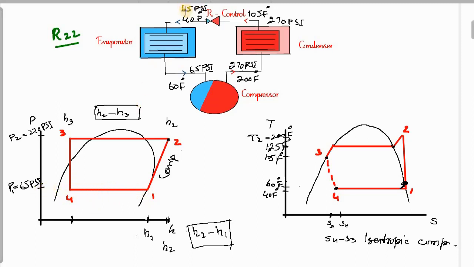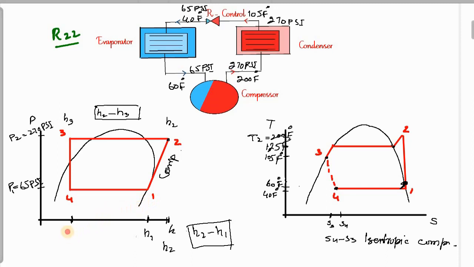Here it is 65 psi, and here it is also 65 psi. So the pressure remains constant during this time, while the enthalpy increases from point 4 to point 1.